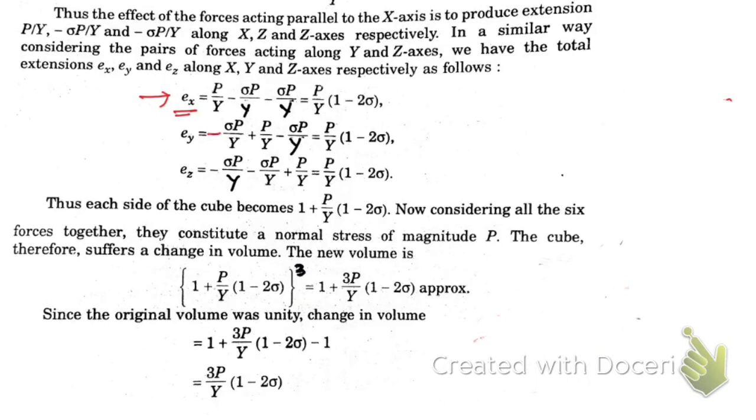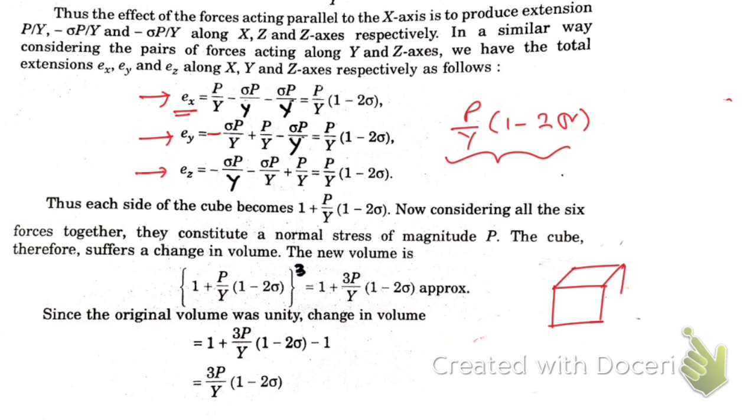Similarly, we can find the extension along the y-axis and z-axis. So extension along all these directions will be P by Y, where Y is Young's modulus, times 1 minus 2 sigma. That will be the extension in all directions. So all sides are increased by this much. Now the volume of the cube: initially this cube was taken as 1 unit length, breadth, height.